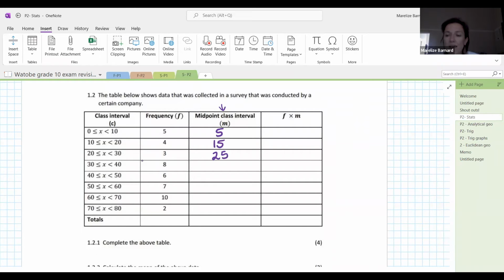Take a moment, quickly jot down the table or take a screenshot and then finish the rest of the midpoint class intervals.